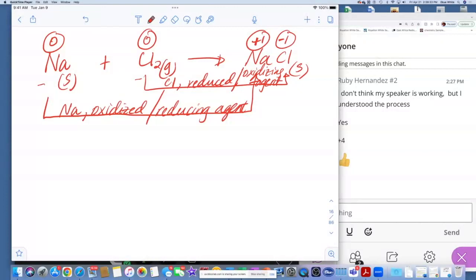Kind of not really the enforcer, but the encourager, right? So its presence causes the other element to respond by doing what it was meant to do. So sodium makes chlorine reduce, and then chlorine makes sodium oxidize. So they're agents of each other to facilitate that reaction. Okay?